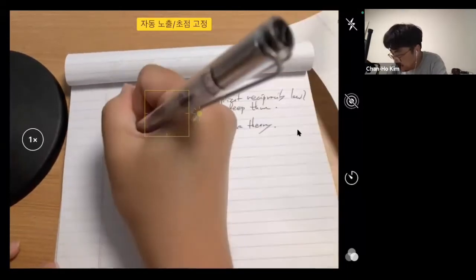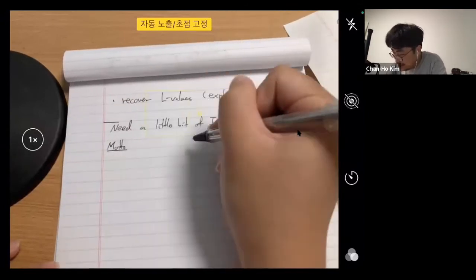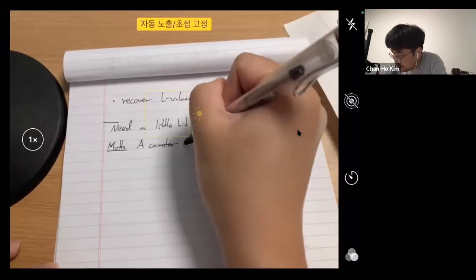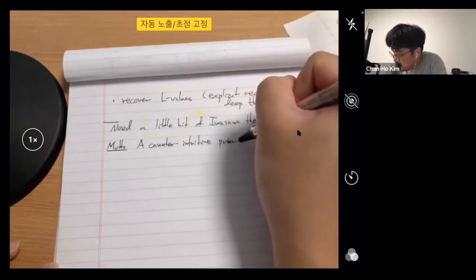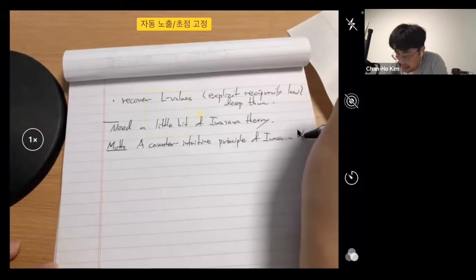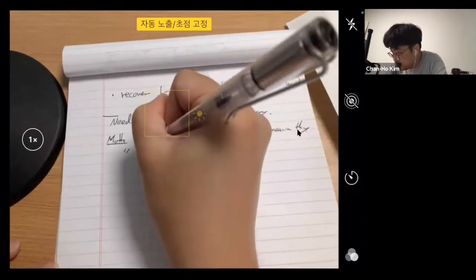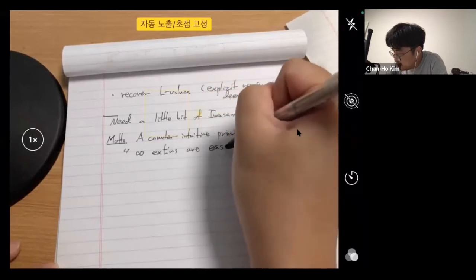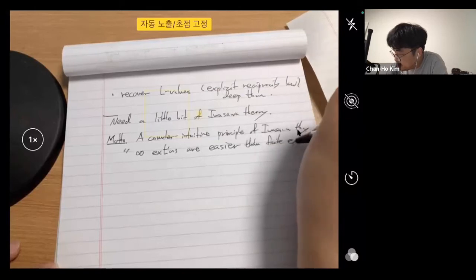Anyway, the motto is the following. A counterintuitive principle of Iwasawa theory is, in some sense, infinite extensions are easier than finite extensions.